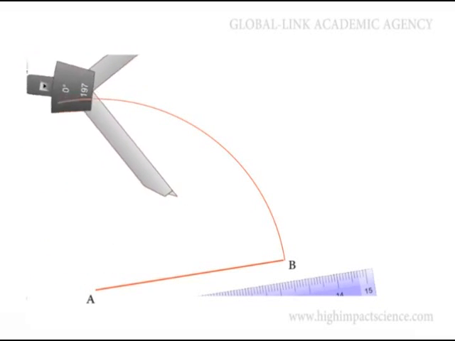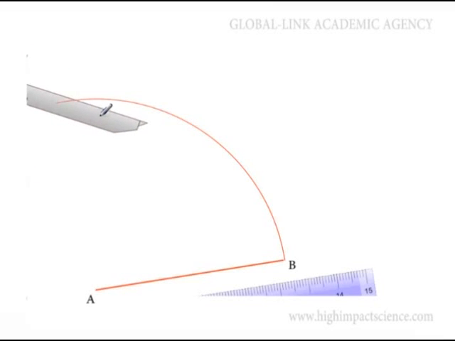We then place the compass at any point on the arc, because any point on the arc is the same distance from point O. It's the radius of the circle. I will mark C here and then create another arc.